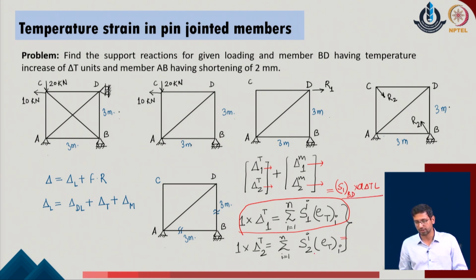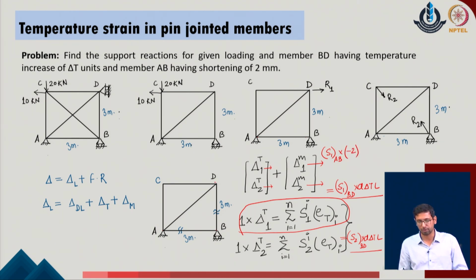Similarly, when it comes to delta 2, we define S of 2 for the member BD into alpha delta T into L. This is the first combination. In the similar manner, if I want to define delta 1 due to member pre-strain for the given system, I define it as S of 1 corresponding to the member AB of the given system, because that member AB is subjected to the member pre-strain, into the value of the member pre-strain, which is -2.